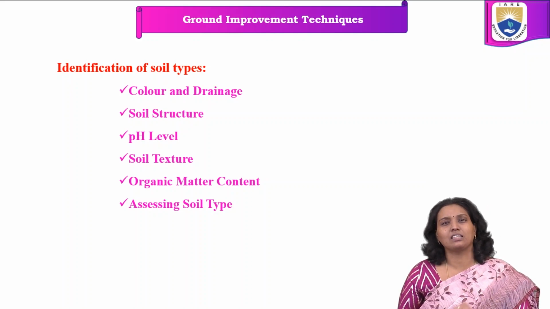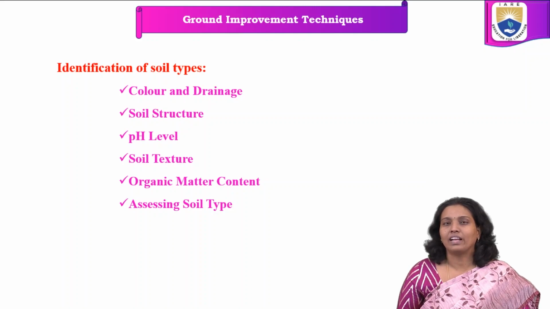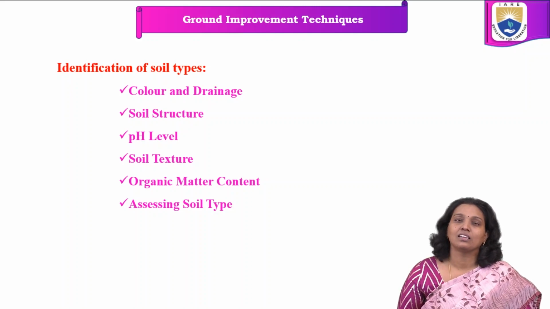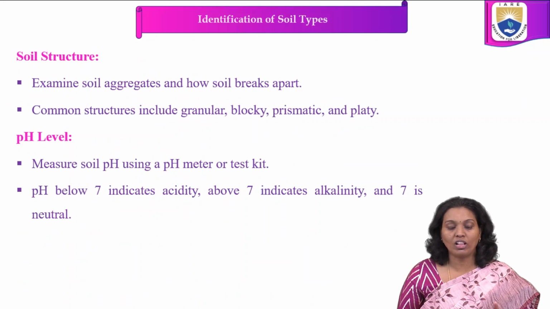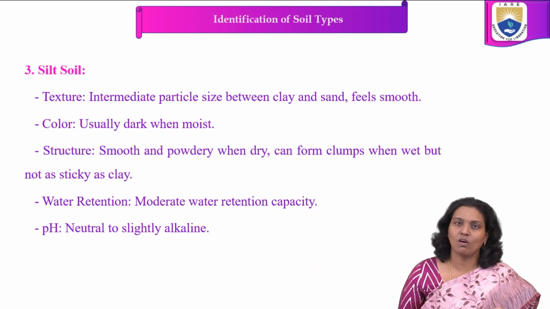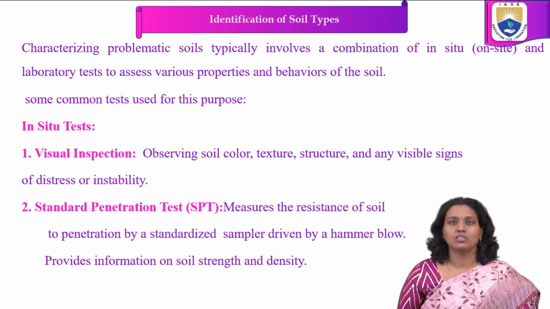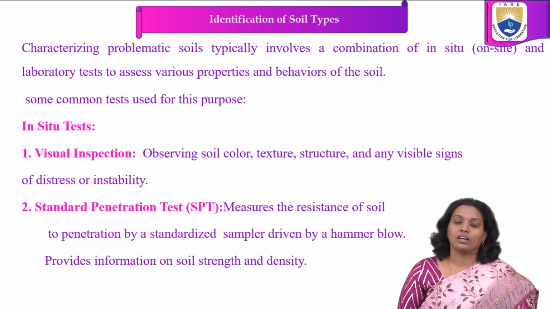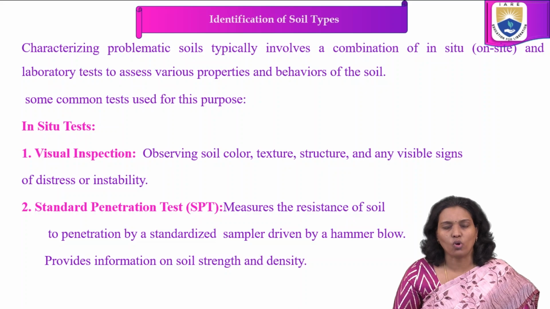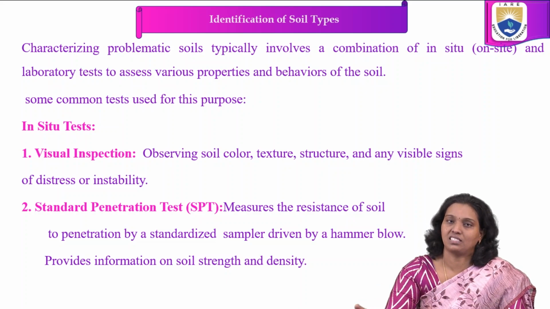These are some of the characteristics we analyze for assessing and identifying soil type. Based on all these characteristics, we identified clay soil, sandy soil, silt soil, loamy soil and chalky soil. Now we continue the identification of soil based on their behavior and some tests.